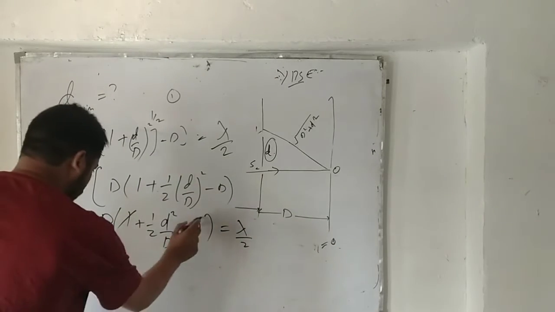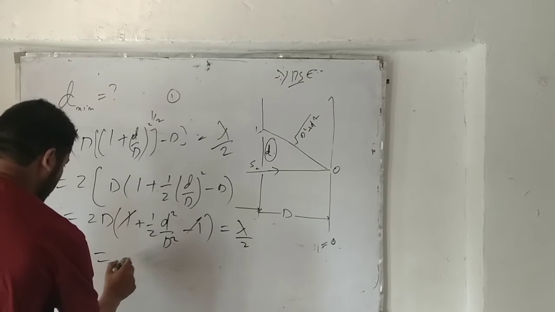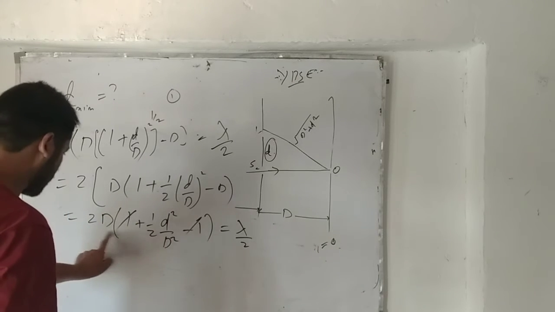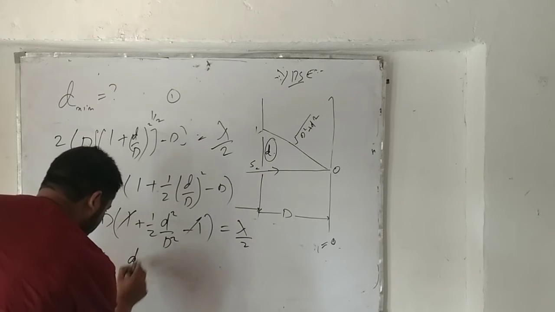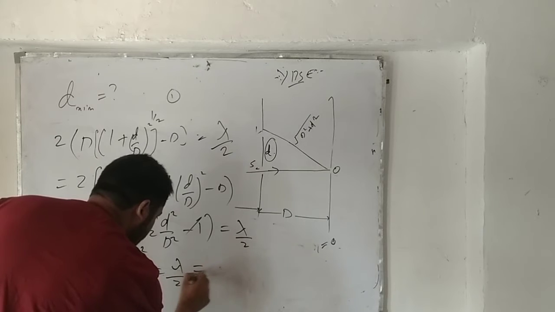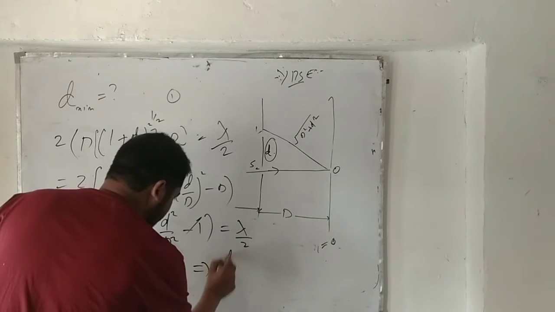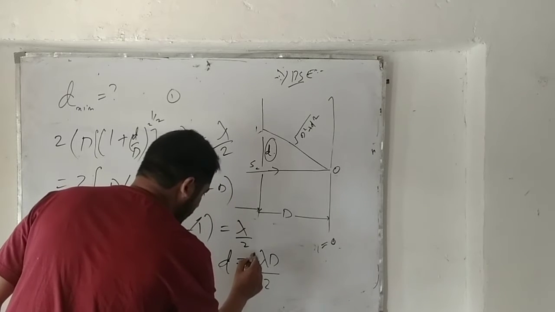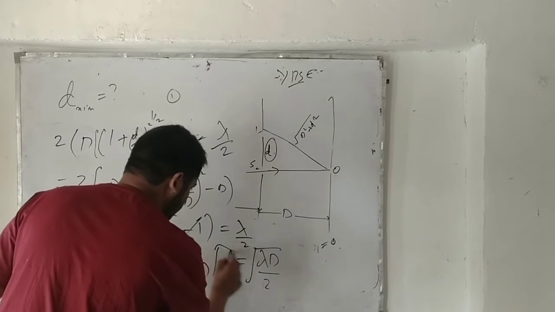So the 2 will cancel, one D will cancel here. Simply I will get d square upon D equals lambda over 2, which implies my d will be simply under root lambda D by 2.